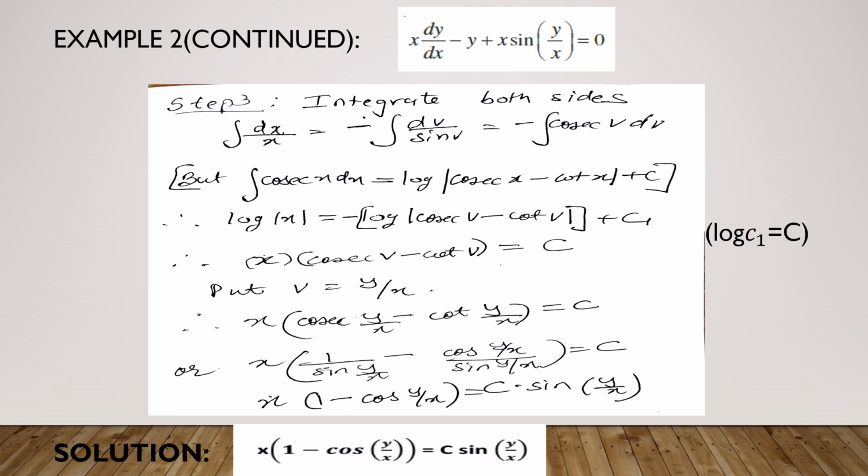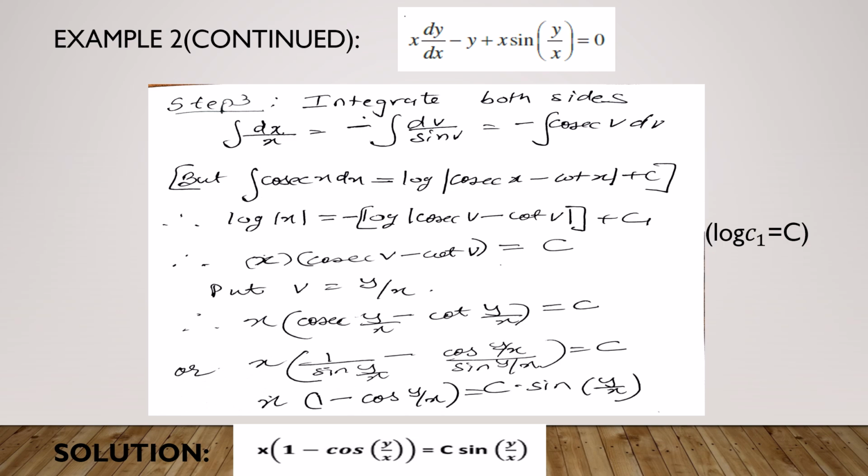Now c1 is any constant. So log c1 again, say it is some another constant, say c. So basically we will have log mod x plus log of cosec v minus cot v is equal to right hand side log c1.